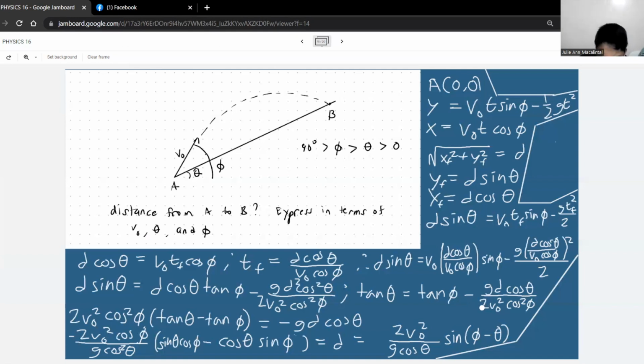Sin theta over cosine theta equals sin phi cosine phi minus GD cosine theta over 2V naught square cosine squared phi. So, if we isolate GD cosine theta, alam ko po it's exactly the same sa isa. Pero yung sa isa naman po kasi, pababa po siya so negative. So ito, 2V naught square cosine phi. So kung isa-substitute ko na.